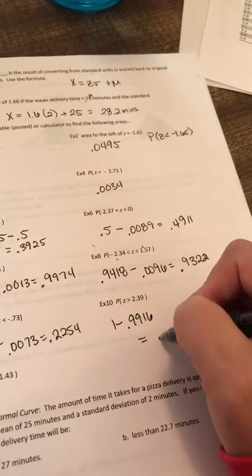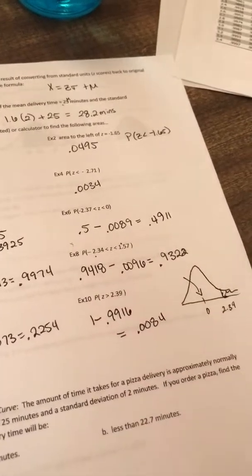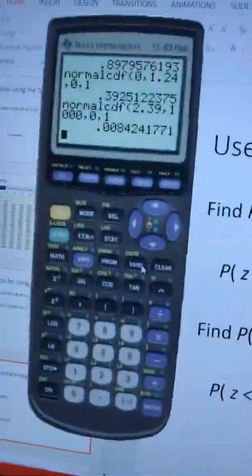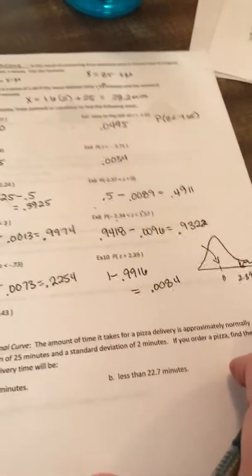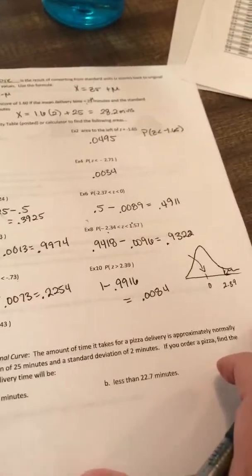If you subtract, you get 0.0084, which is also what we got on the calculator. So if it's to the right, you just take 1 minus whatever the chart value says, or you can do it on the calculator if you choose.